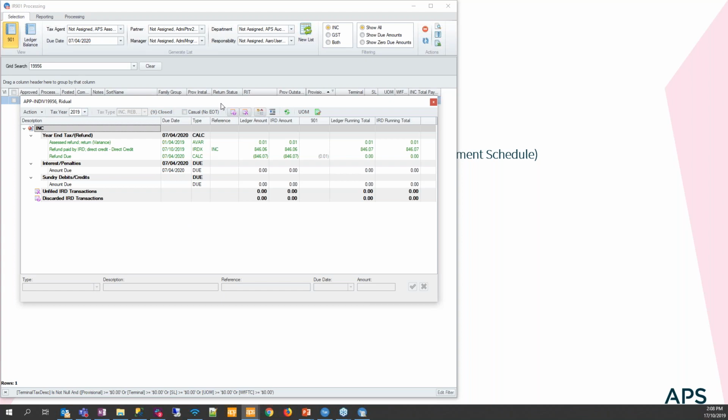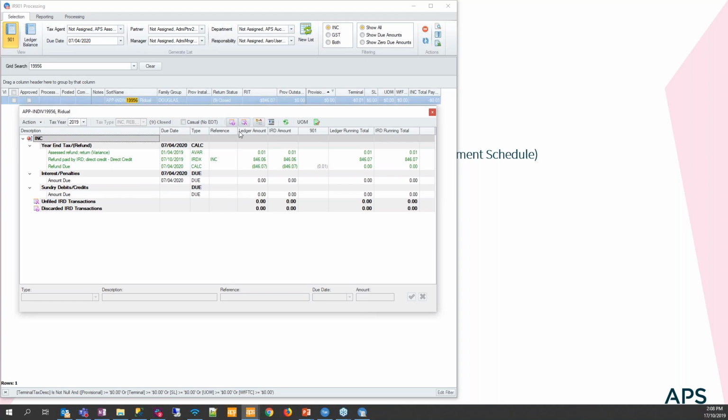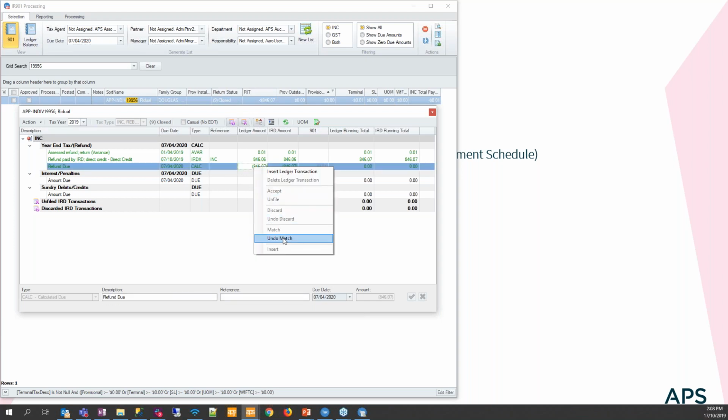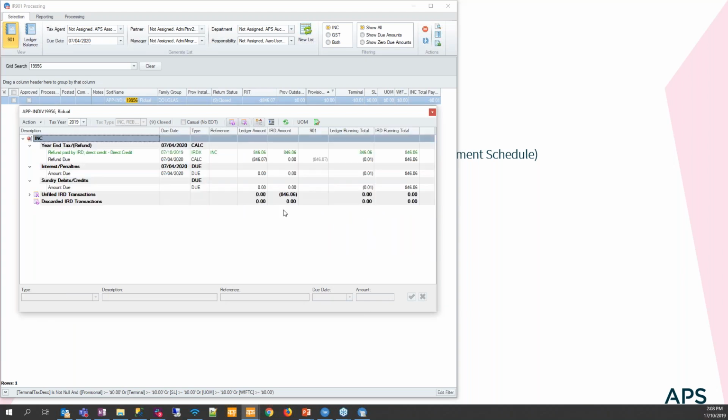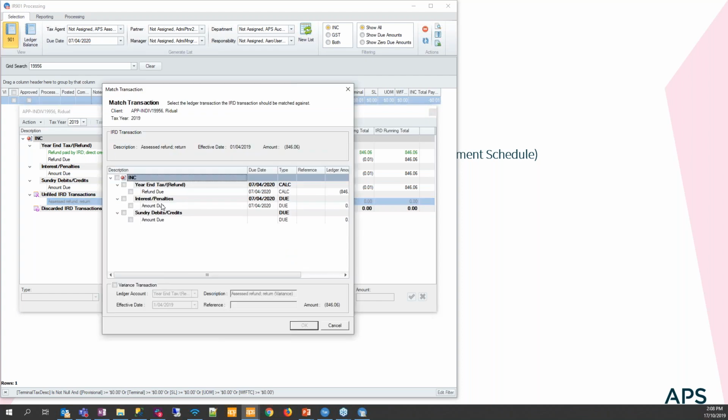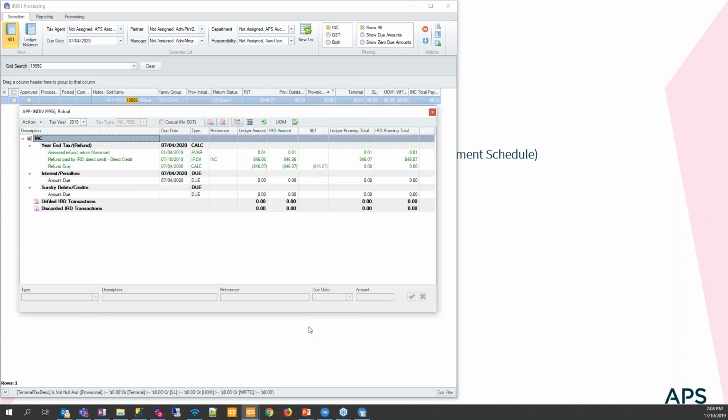Now in this case, it's actually been rectified through a version control fix, but basically what has been happening here, if we unwind the match, what was happening prior to the fix is that when this transaction was matched to the refund due, it was actually readjusting this figure to be different to the RIT figure on which it should have been based. It was actually making it different by a cent, by the amount of the variance. But now that has been rectified, so if we create the variance, it is now reflecting and giving a zero balance.